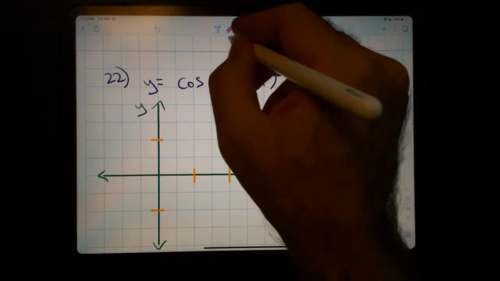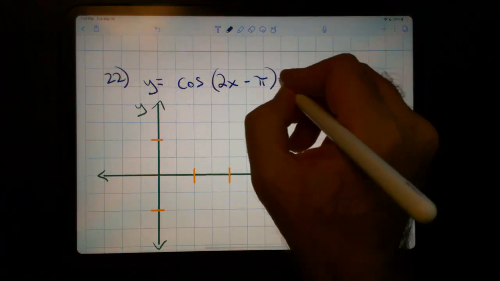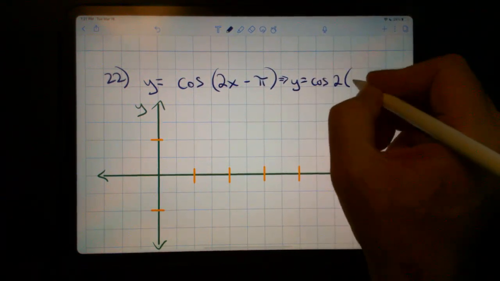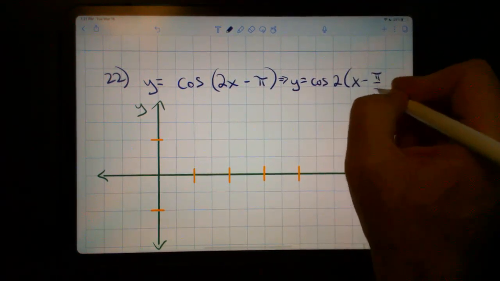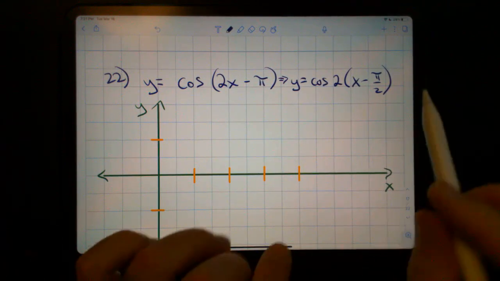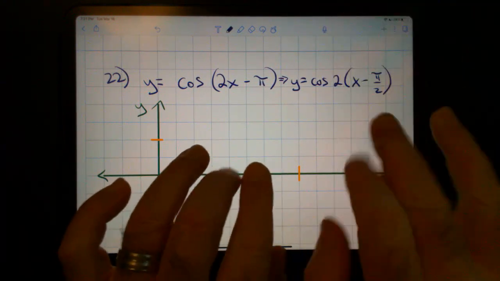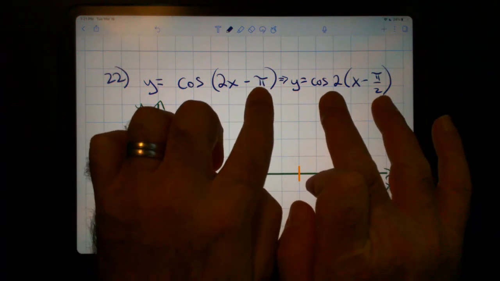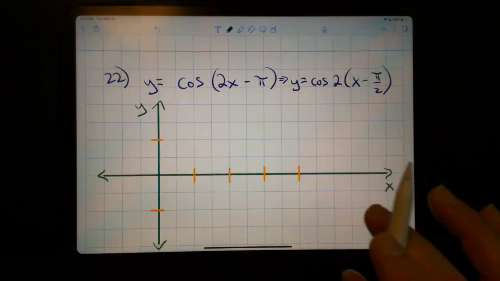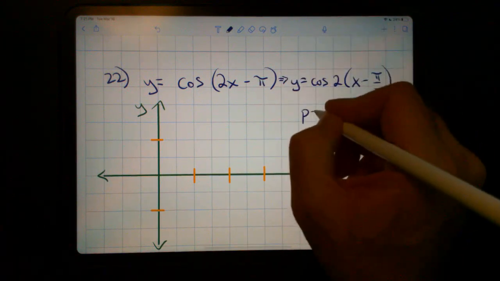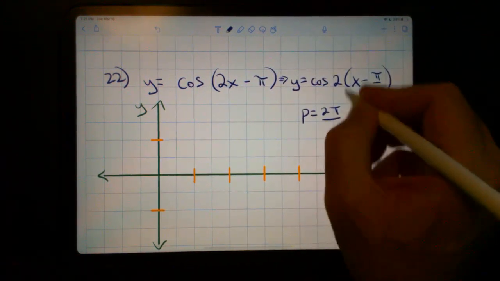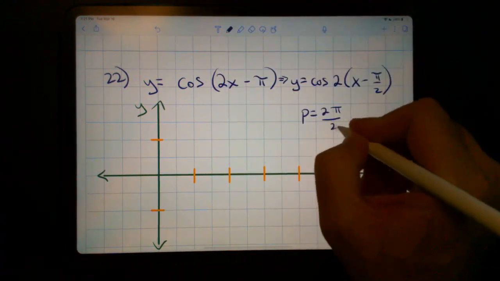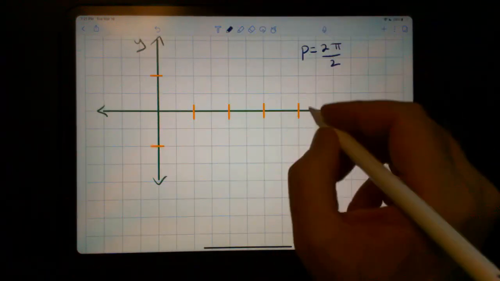Cosine of 2x minus pi, let's rewrite this. This is the same thing as y equals cosine of 2 times x minus pi over 2. This is valid because 2 times pi over 2 is pi. Our period is equal to 2 pi over b, so our period is pi.